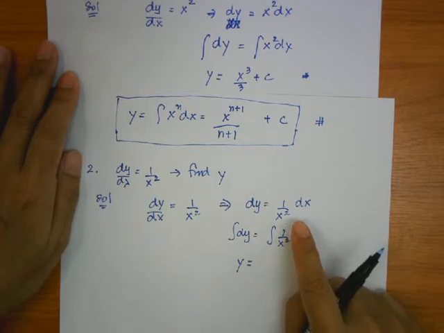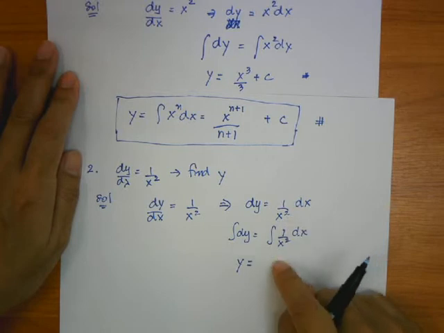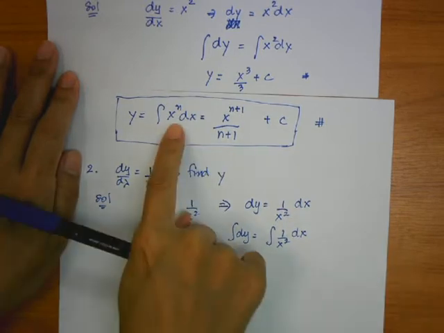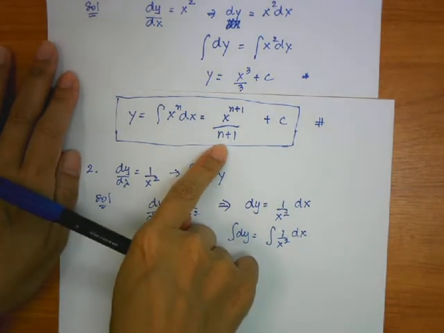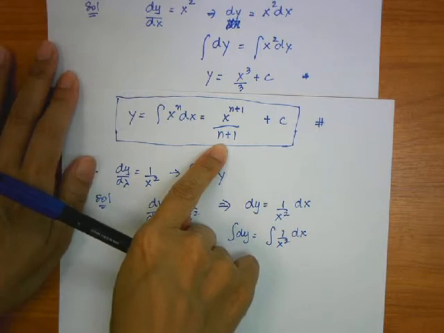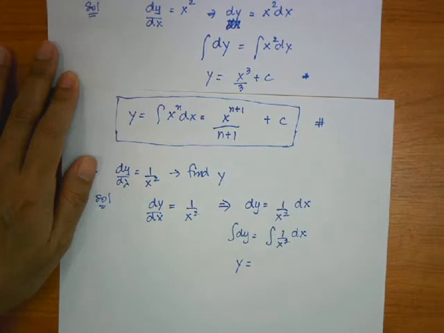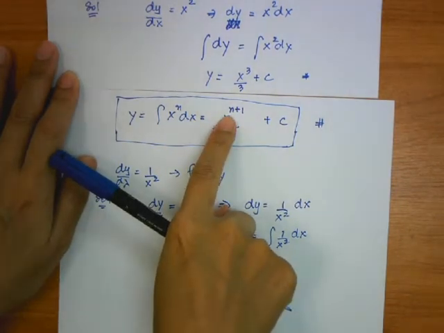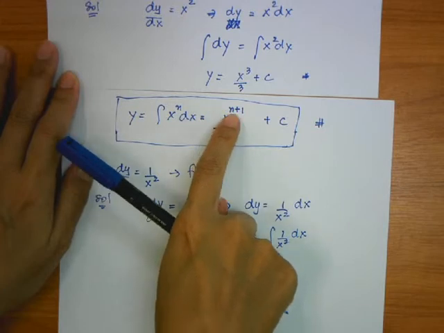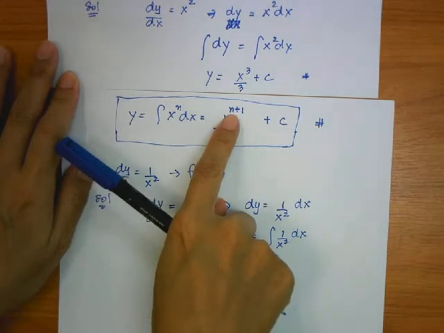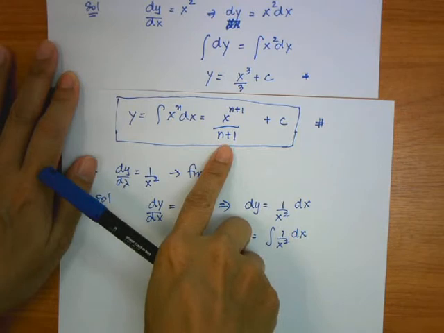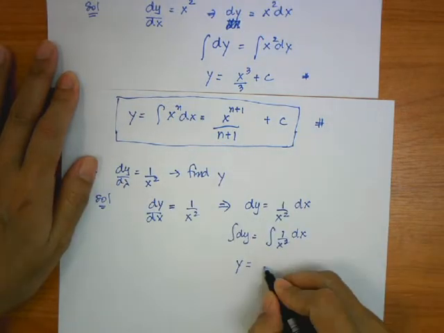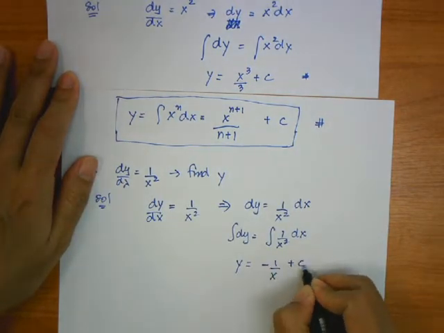Then just use this formula with n equal to minus 2. You get x to the power of minus 1 divided by minus 1, which is equal to minus 1 over x.